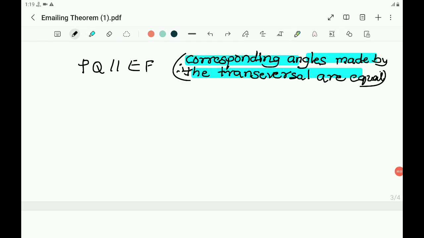Then you write, therefore, DP by DE equals PQ by EF equals DQ by DF.